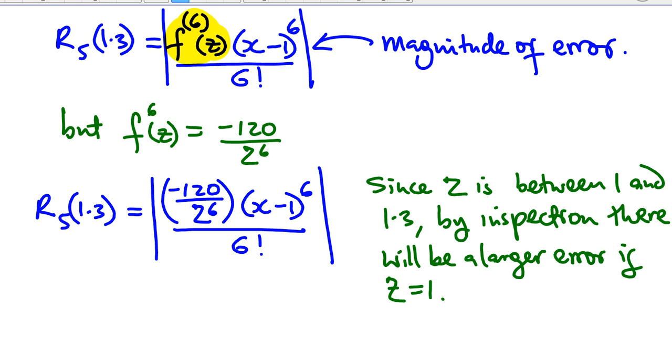Why? Because z is between x and c. x is 1.3, c is 1.